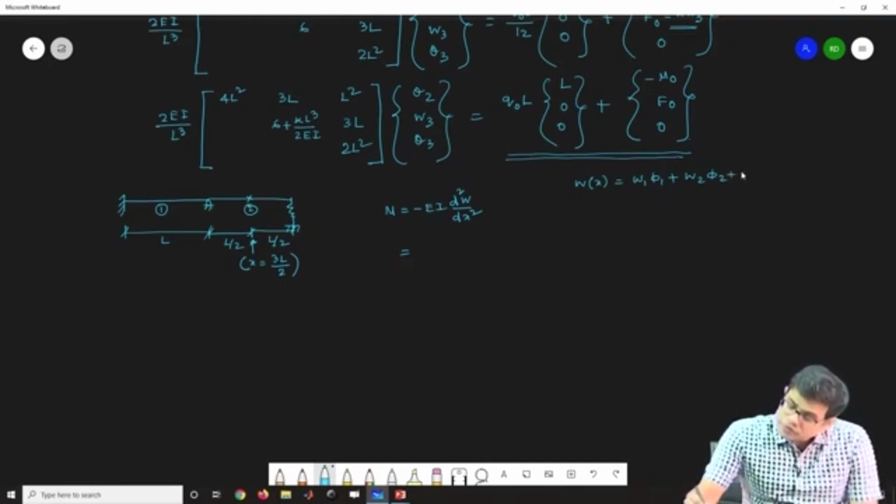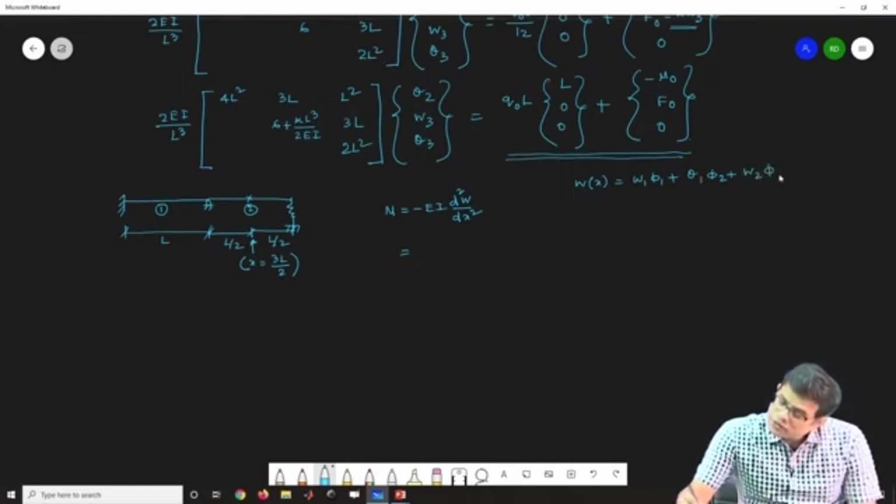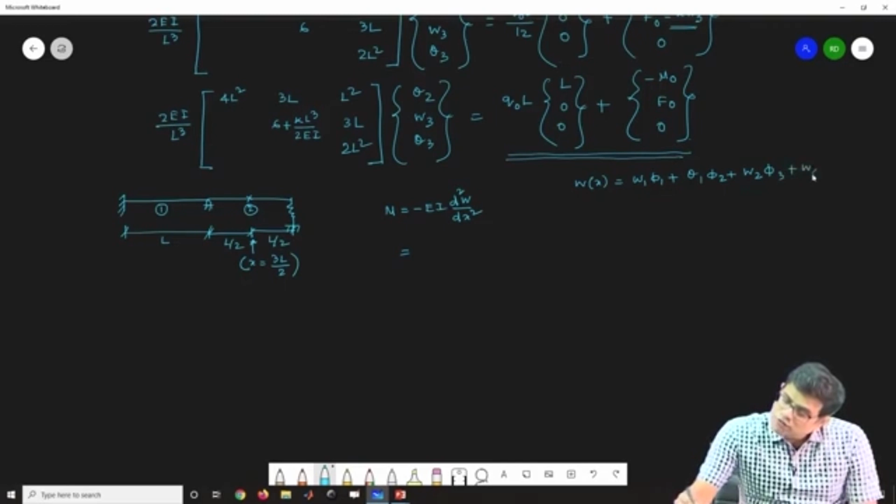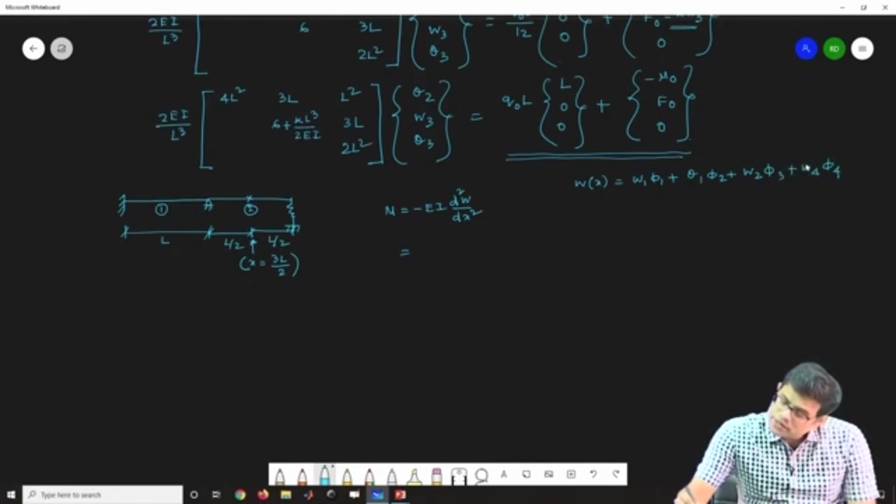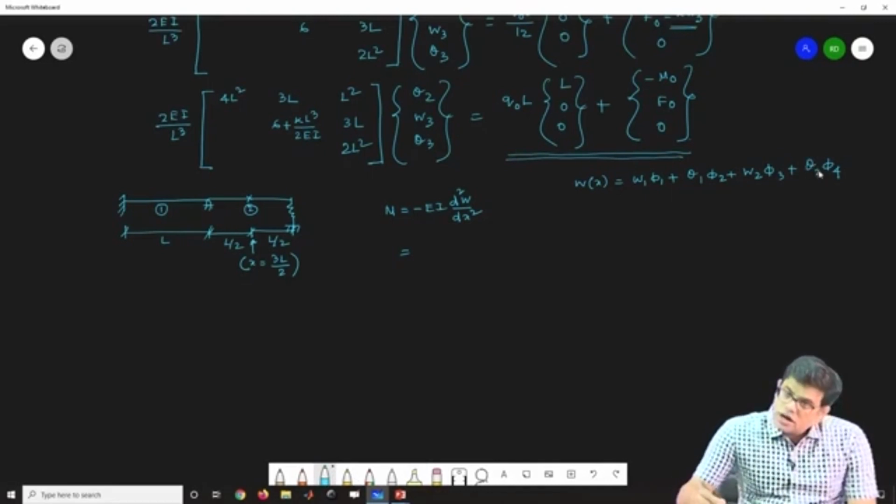Let me write it this way, how displacement is approximated in an element: w1 phi 1, theta 1 phi 2, w2 phi 3 and theta 2 phi 4. So displacement is approximated along with the rotation.